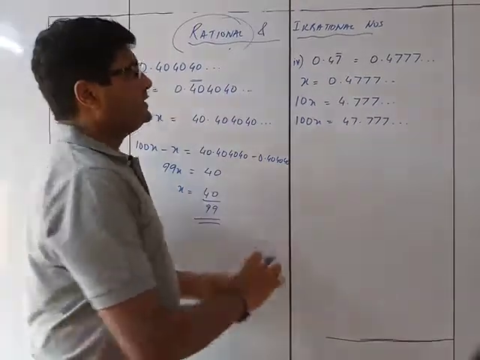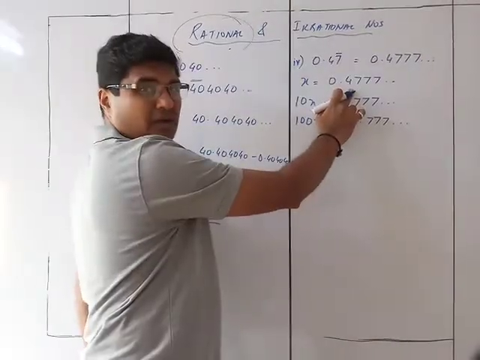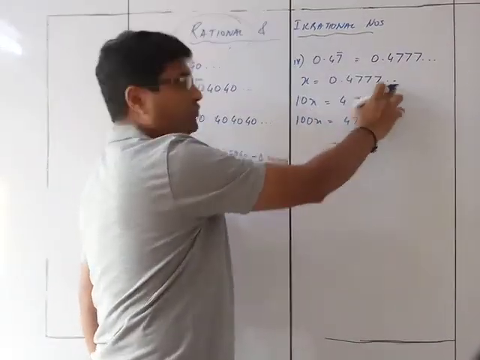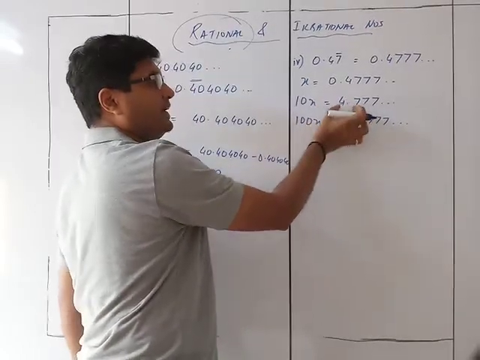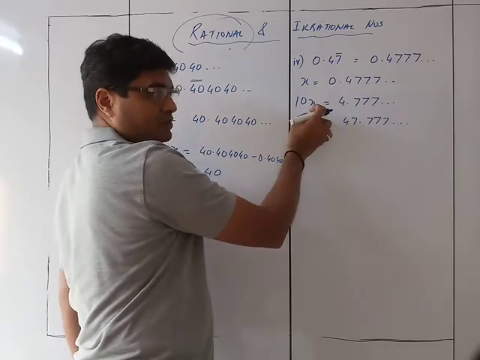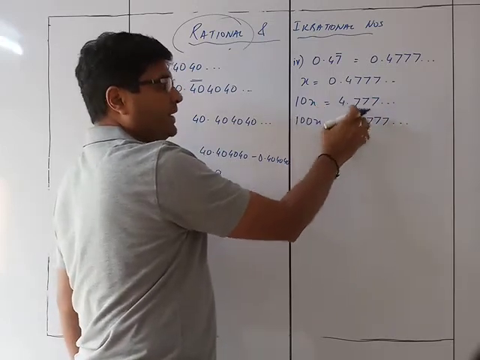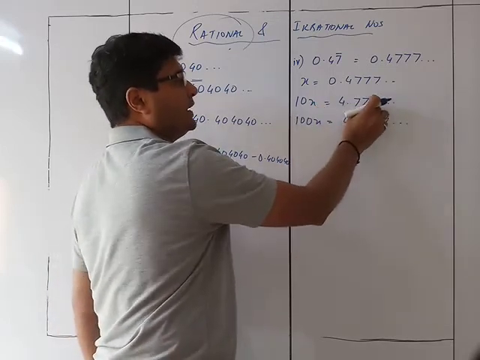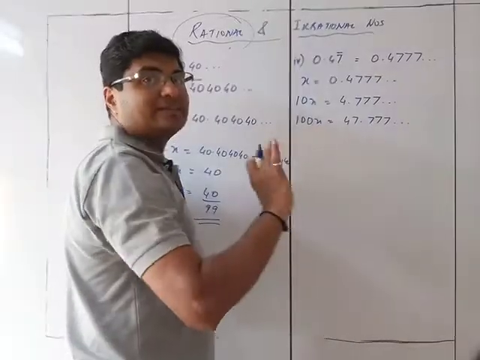See over here, this 4 was not in the recurring part. So first of all, I brought this into a condition wherein the complete decimal is recurring part and the number is outside. And then I took it in another one in which the recurring part over here and recurring part over here is the same. So I can subtract them.